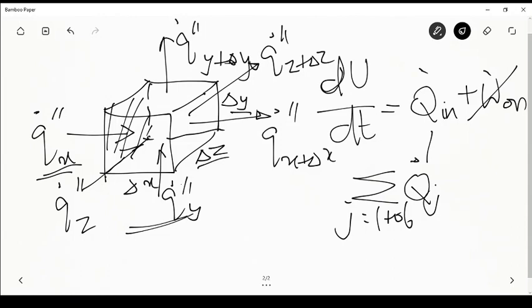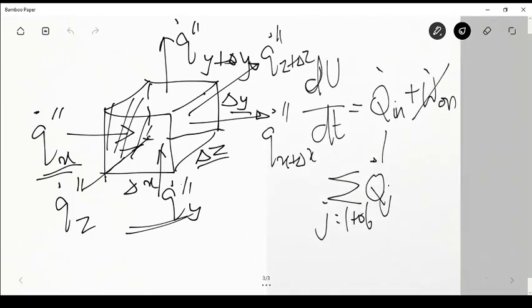So if I do that for every face, then the right hand side, which is the summation of q dot j, would start looking like this.